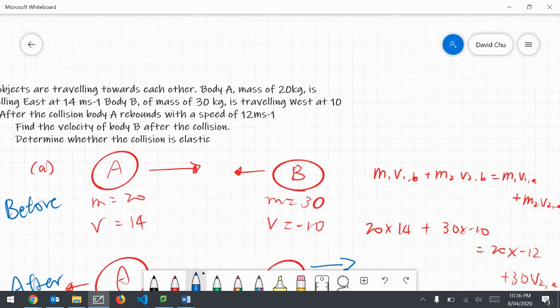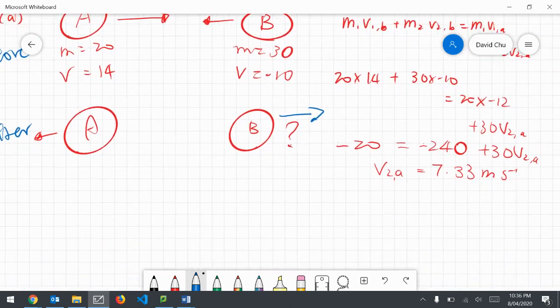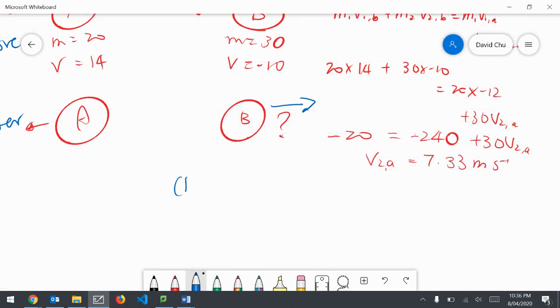All right, and part B asks you whether this collision is elastic. So part B, we're going to run through the kinetic energy equation. Kinetic energy before is a half m1 v1 before squared plus a half m2 v2 before squared.